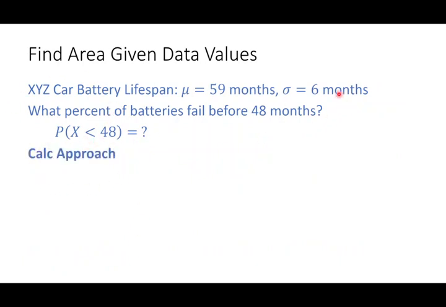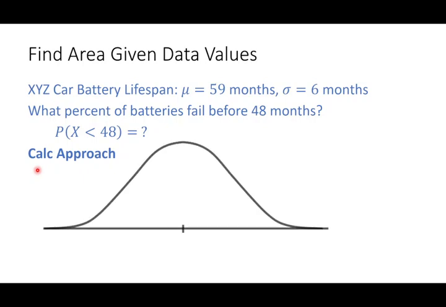So this is what we're solving, and what I would strongly recommend you do for these is draw a picture, either calculator approach or the z-table approach that we're going to see in a second. Either way, drawing a picture should help. So it's a normal curve, and we're going to label 59 here in the center, and we're going to label the thing we're testing.